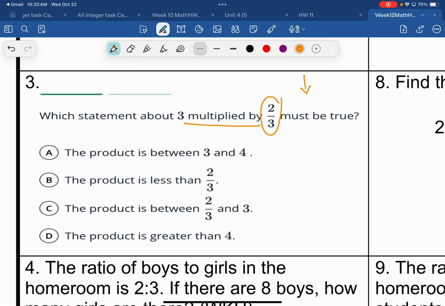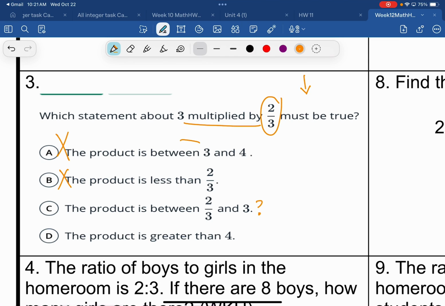Down from 3. So when it says the product is between 3 and 4, will it be, friends, if it's going to be less than 3? No, because it's less than 3. It's on this side. The product is less than 2/3? No. The product is going to be between 2/3 and 3, right?